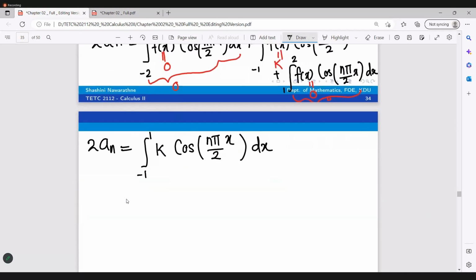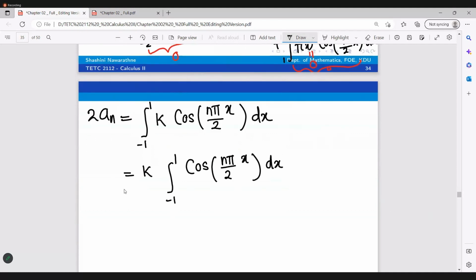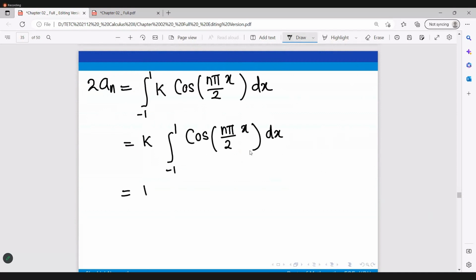So here k is a constant, so we can keep this k outside and integrate the function cosine n pi x over 2 with respect to dx. So now tell me, what is the integration? If it is cos x, then what is the integration? If we integrate cosine x with respect to x, it's sin x.